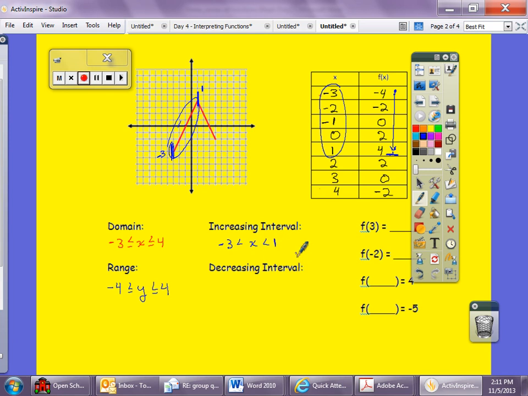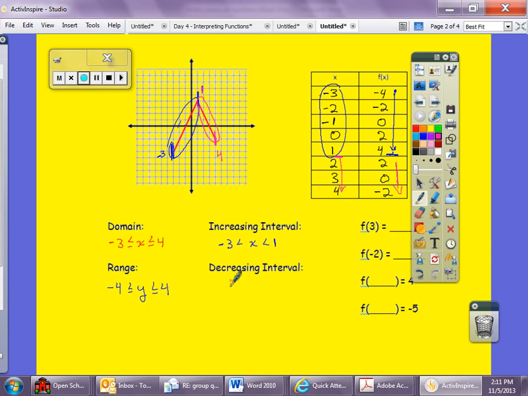And then decreasing, what happens when it's decreasing is that it's going down. Now it's going down from here to here. See how this starts to go down? So it's going down from 1 to 4. It's going down from here, 1, and it's stopping here at 4.